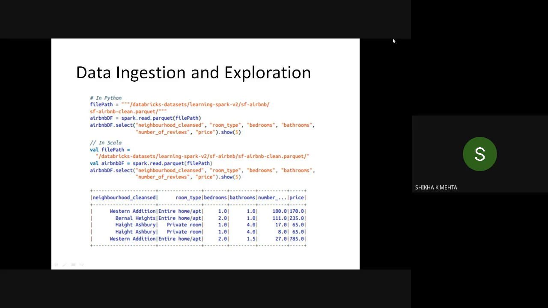Here we have used a Parquet file format, or you can directly use Spark context dot text file. As I've shown you in the various examples when we discussed the RDD and the data frames, we have seen how to read the data. So here we are just performing that particular task.